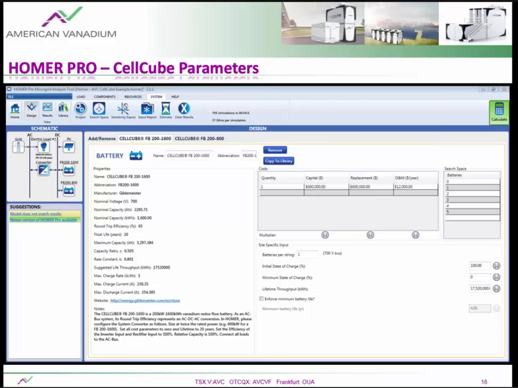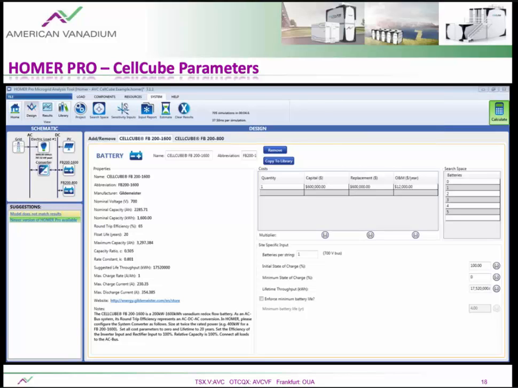And also, because of how the tariff's set up, that there's a demand cost between 12 p.m. to 6 p.m. requiring a 6-hour duration, most likely we'll be looking into our longer duration systems. But because I'm not entirely sure which system it is, I've entered both the SB 200-1600 and the 200-800.